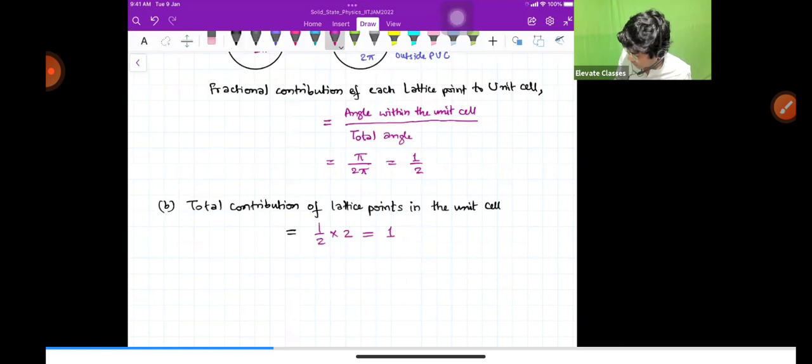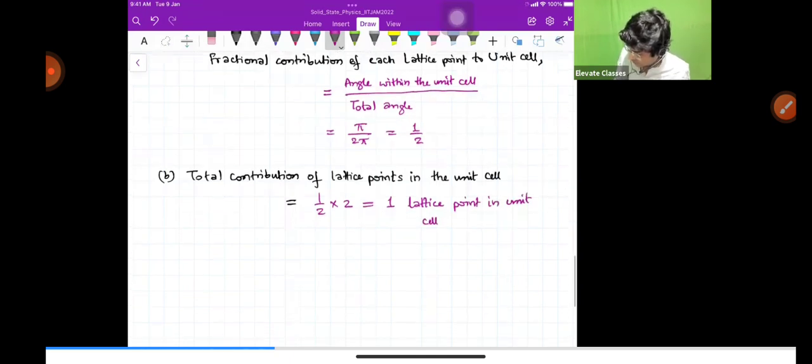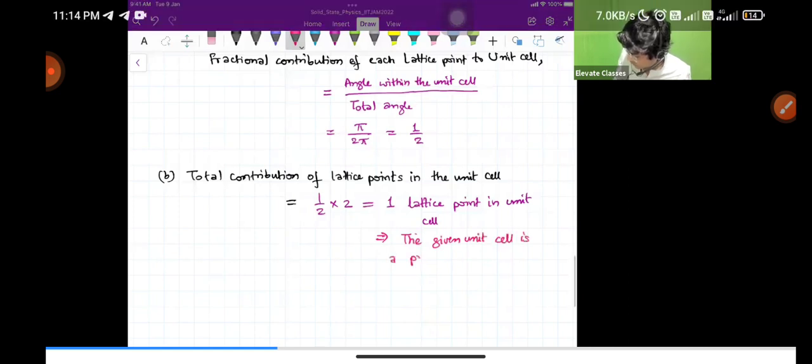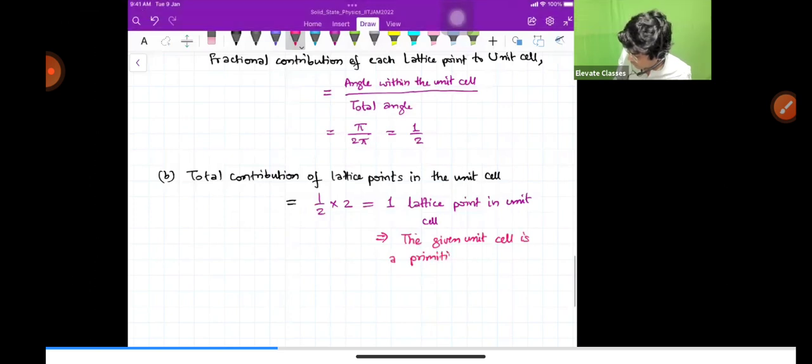So we have one lattice point in the unit cell. All right. So this implies what? This implies the given unit cell is a primitive unit cell.